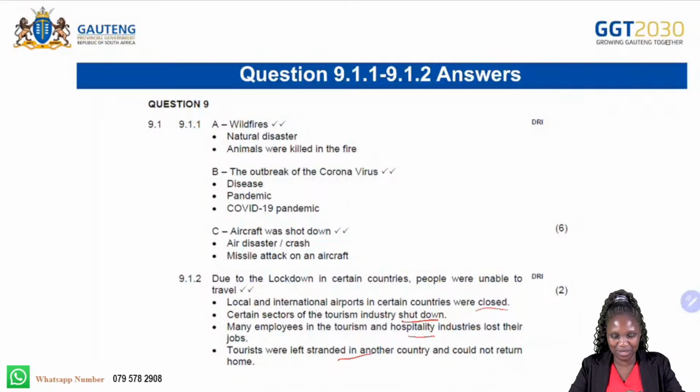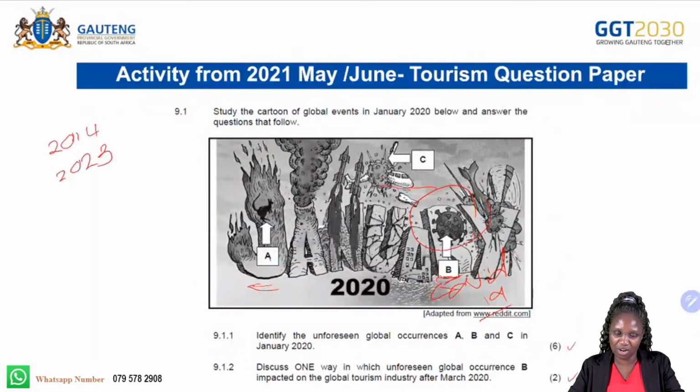All right, that's very good if you totalized, but even if you didn't totalize, don't worry, you practice, you take another question paper and check for question 9. This one was an activity from the 2021 May June tourism question paper, so you can as well look for other years and different question papers.